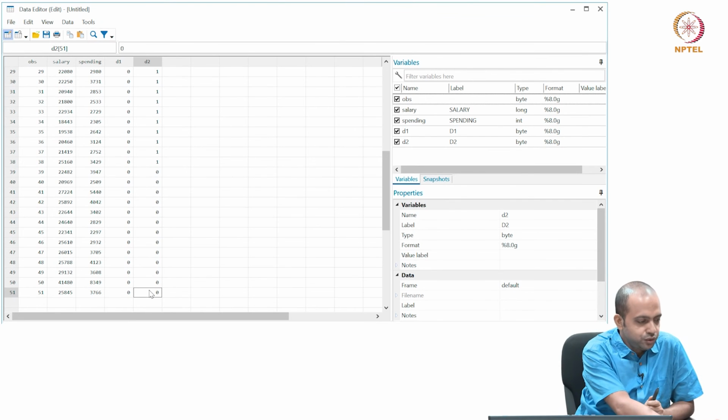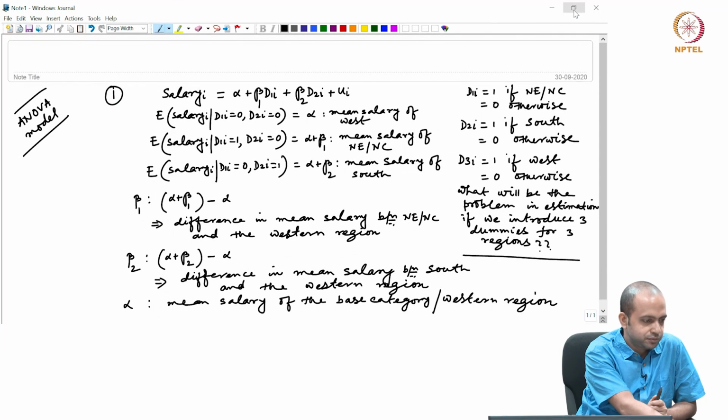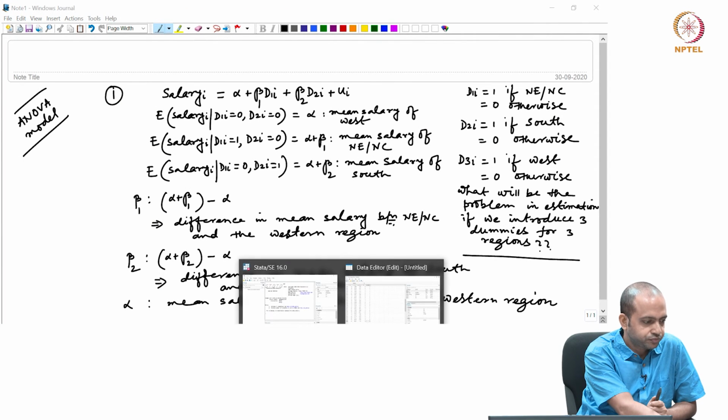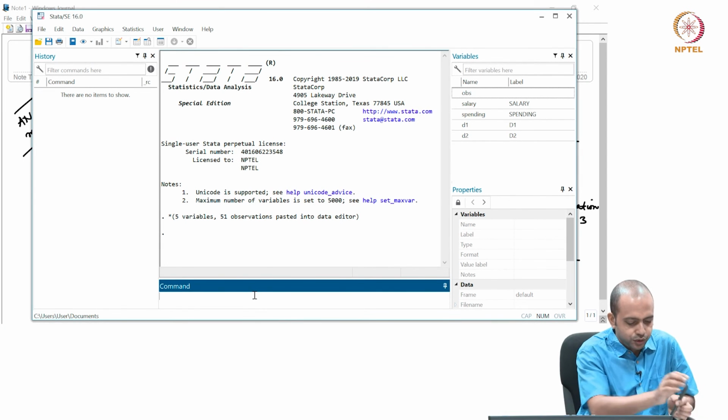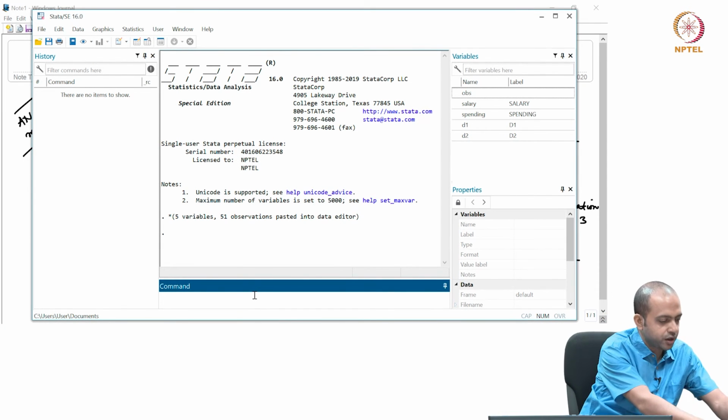So, now what we will do: once you have introduced the dummies, you can easily estimate the model. Okay? You can easily estimate the model. So, here we will first run the model.